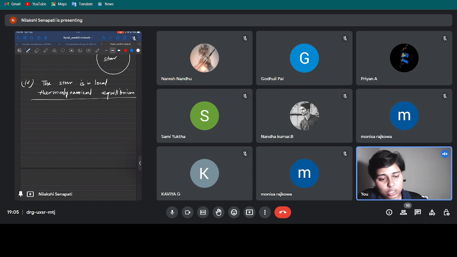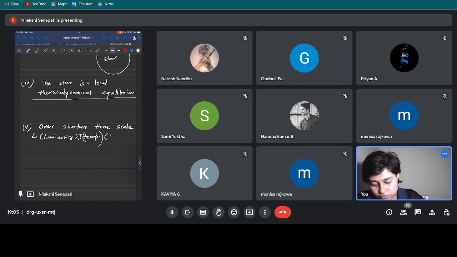And now the fifth assumption is over shorter time scale, L, that means luminosity, T, that means temperature, and R, that means radius of a star, seem to vary.